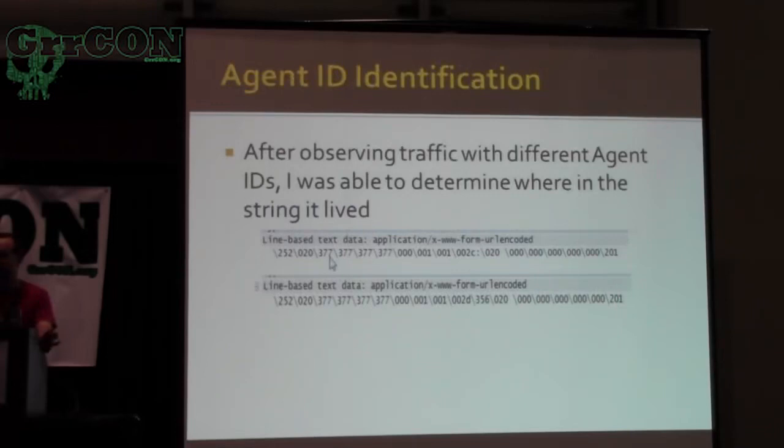How do I find the agent ID? As I started to watch the traffic go some more and analyze different parts at the same time of the sync between different agent IDs, I noticed this. This request occurred at the same period of time in the sync as it was going through, and just these two parts are different.